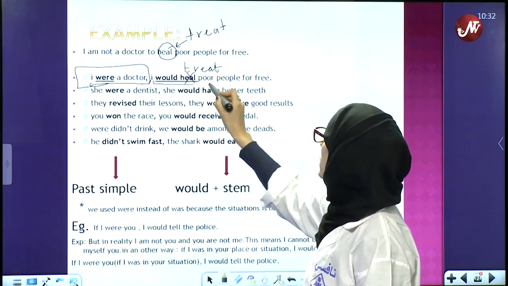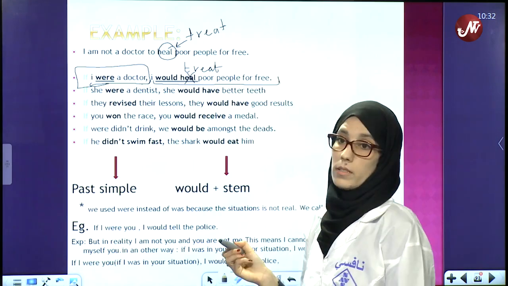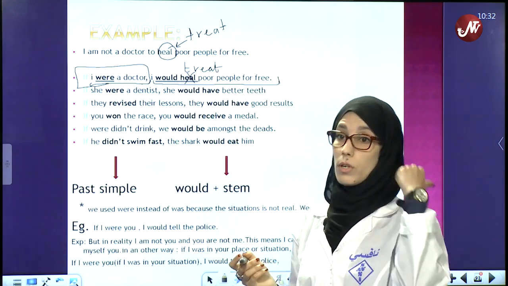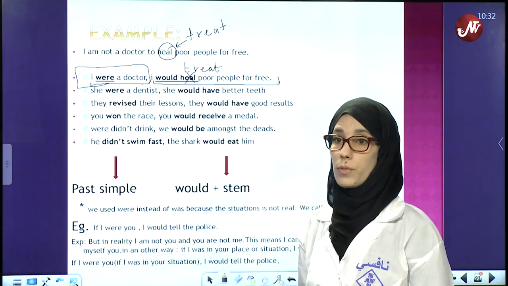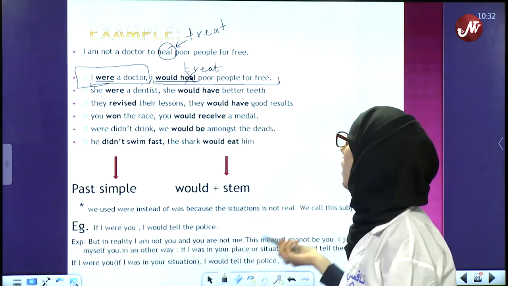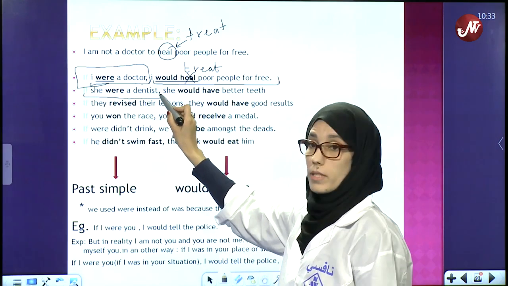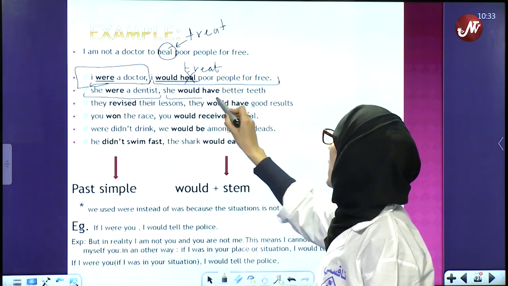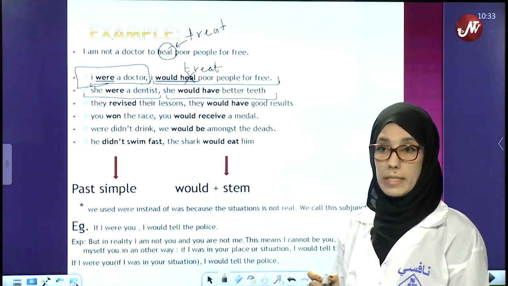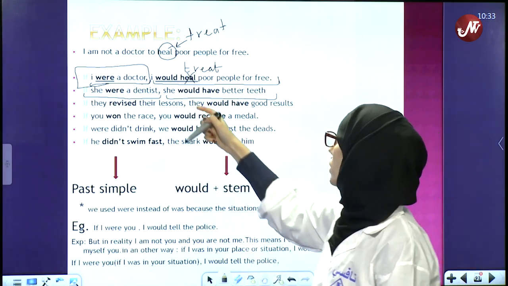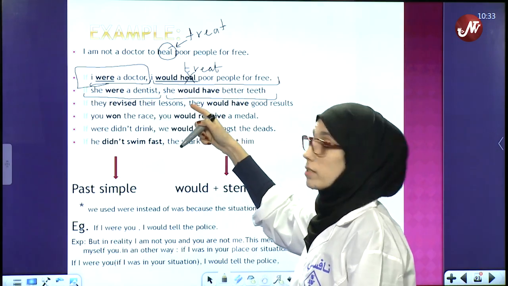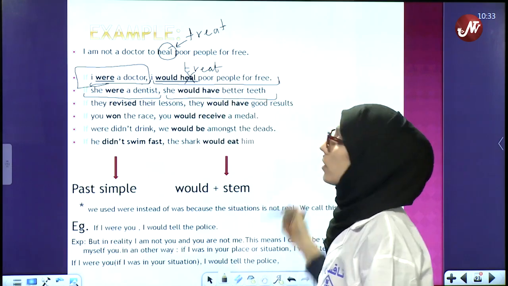I would treat poor people for free. Okay, if I were a doctor, I would treat people for free, but now I'm not a doctor. Okay, let's see this second example. If she were a dentist, she would have better teeth.